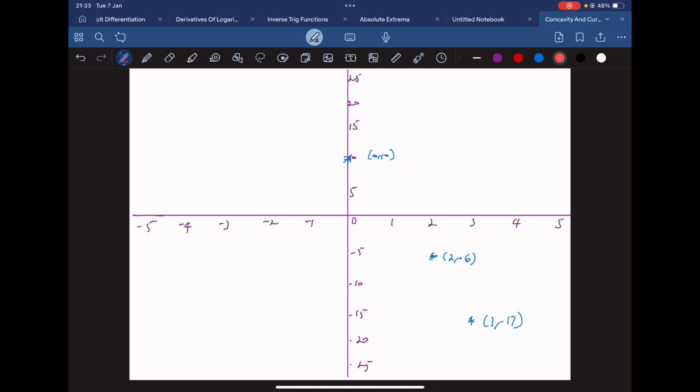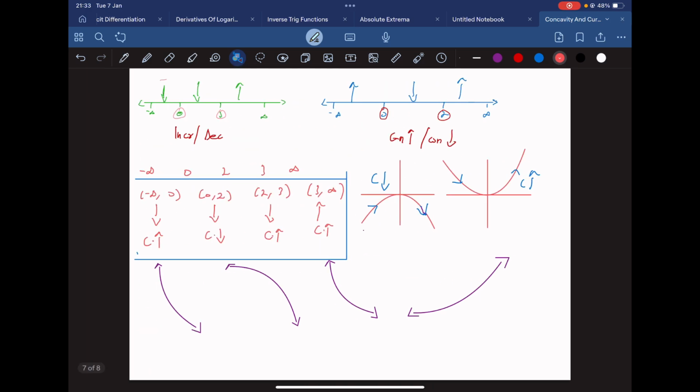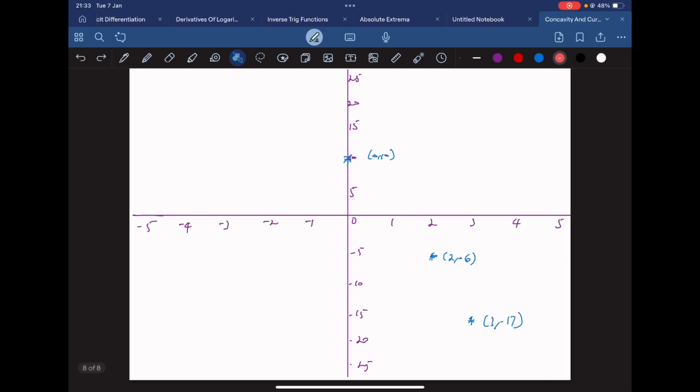So now, let's go back to the shape of our graph. We said from -infinity to 0, it looks this way. So we are going to use these 3 points that we plotted to help us. From -infinity to 0, basically, we are moving from this direction to this.